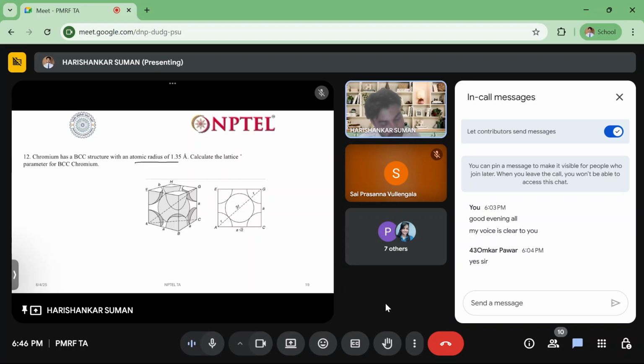Atomic radius, this is the r, which is shown here, 2r and r. You have to find out the a. You can take 5 minutes for this question. Please try first yourself, then we will discuss. I will provide the solution for this. Take 5 minutes and try to solve this question.